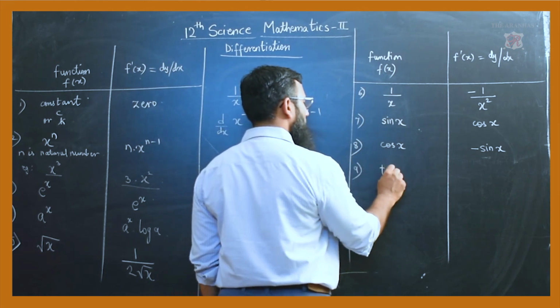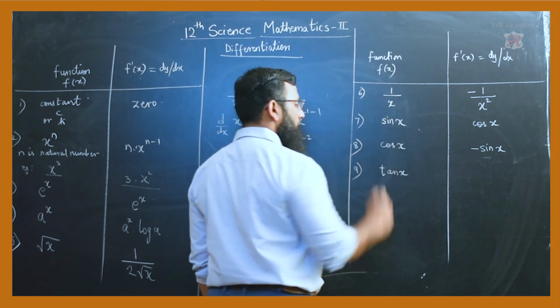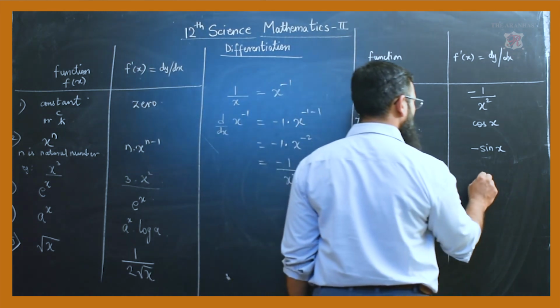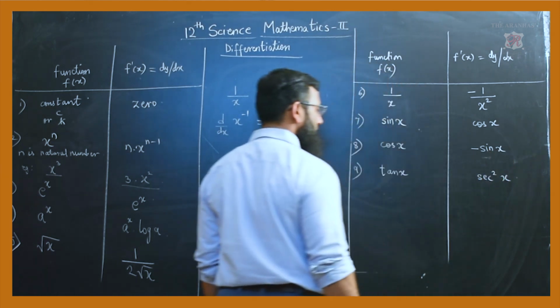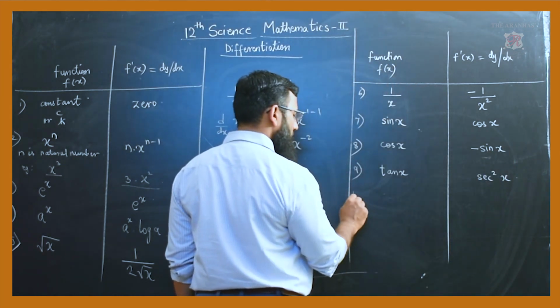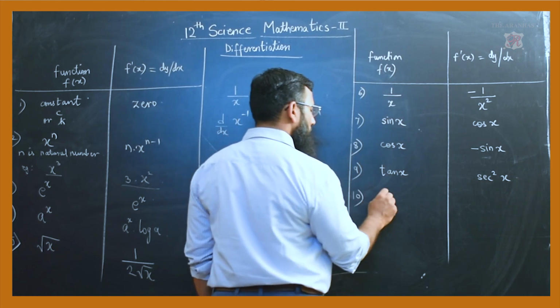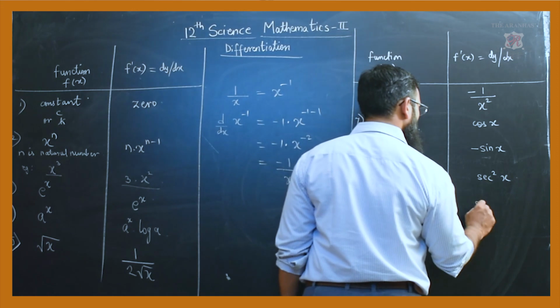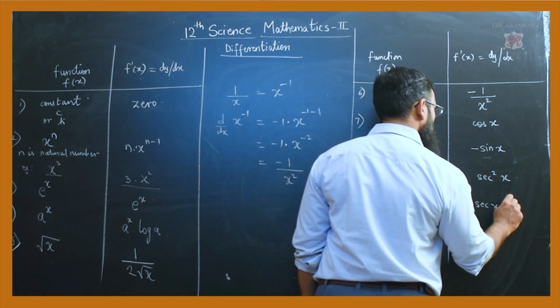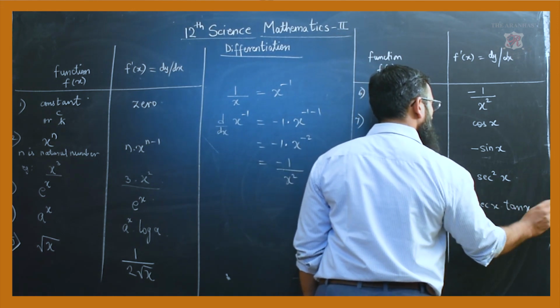Then you have tan x, derivative of it will be sec square x. Derivative of sec x will be sec x into tan x.